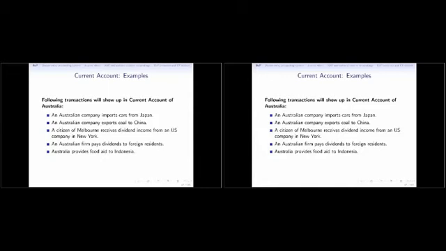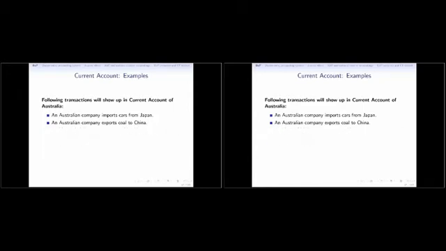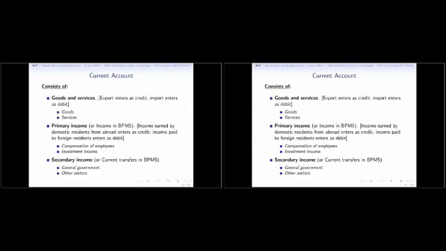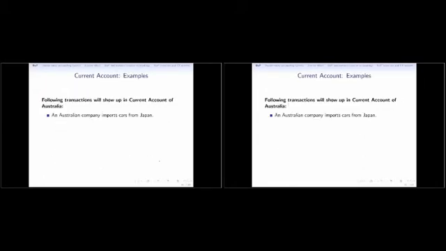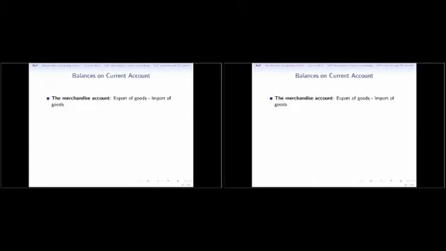Any question about the current account? Straightforward, right? At the end of the day, just export and import, that's it. And whatever it is, you need to find the corresponding categories and subcategories. Within the current account, you can produce some interesting statistics.